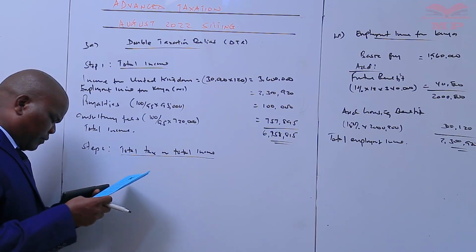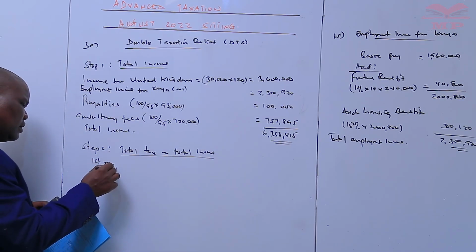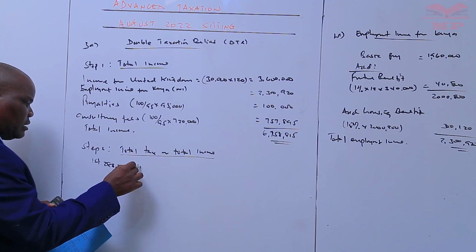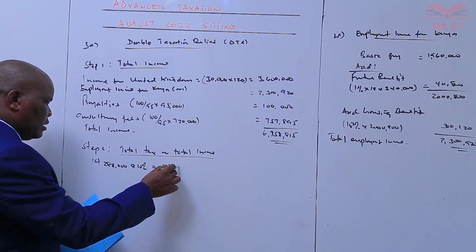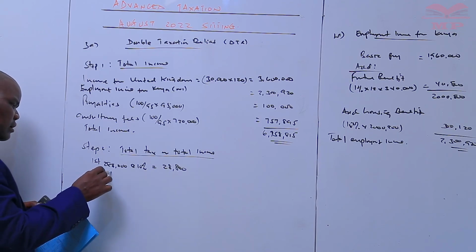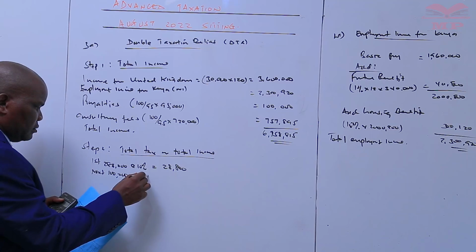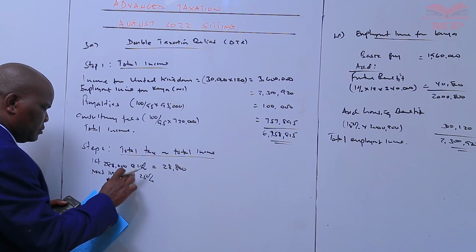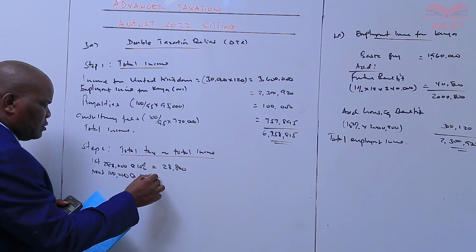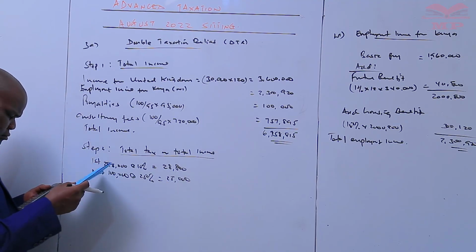First 288,000 at 10% is 28,800. Then we have next 100,000 at 25%. Should be 25,000. Then we have excess.